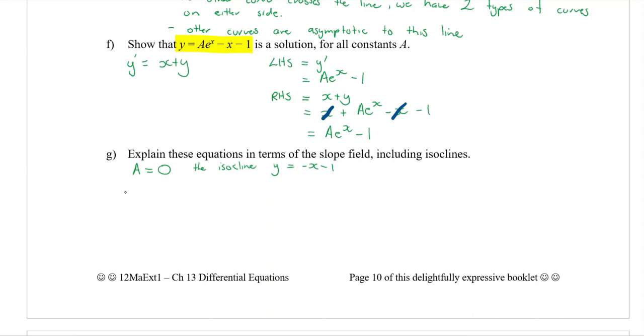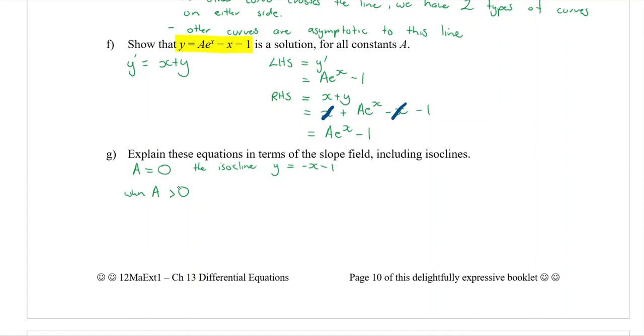What happens when a is greater than 0? If a is greater than 0, that means we have a positive a e to the x. What does that look like? Normally an exponential is a curve that goes upwards, right?